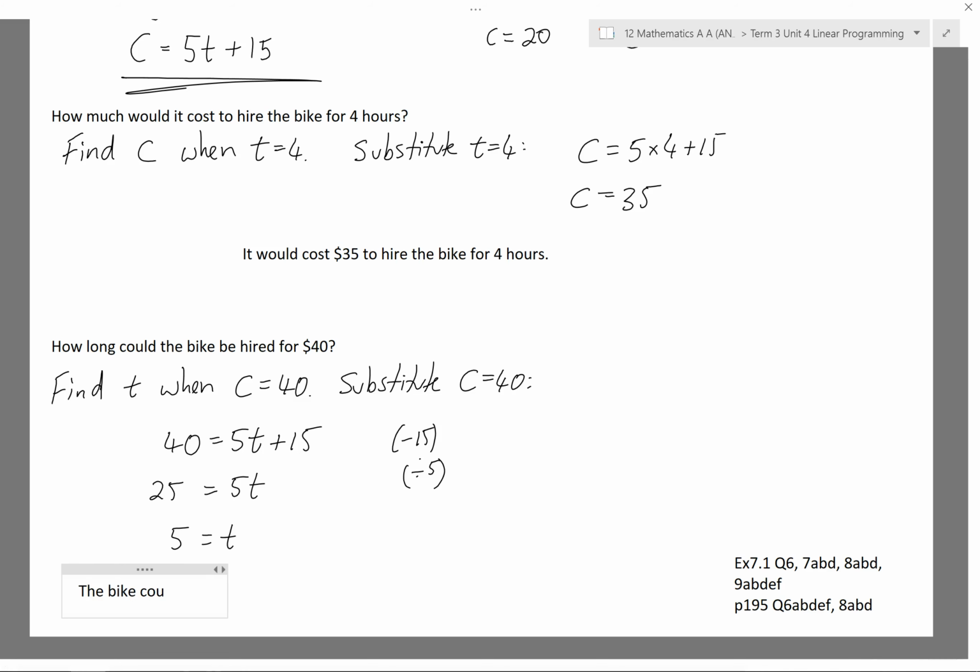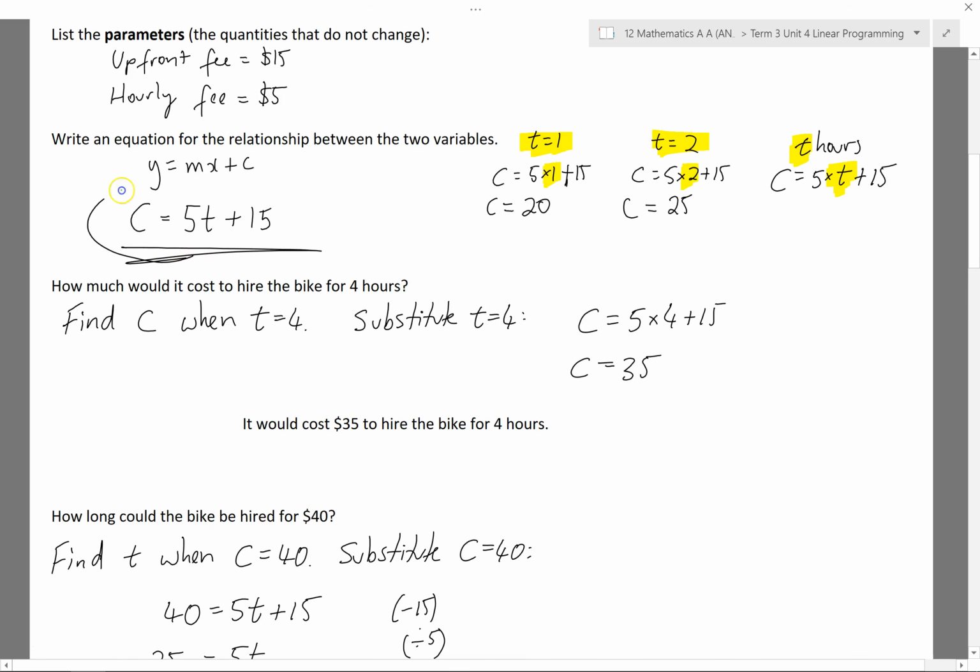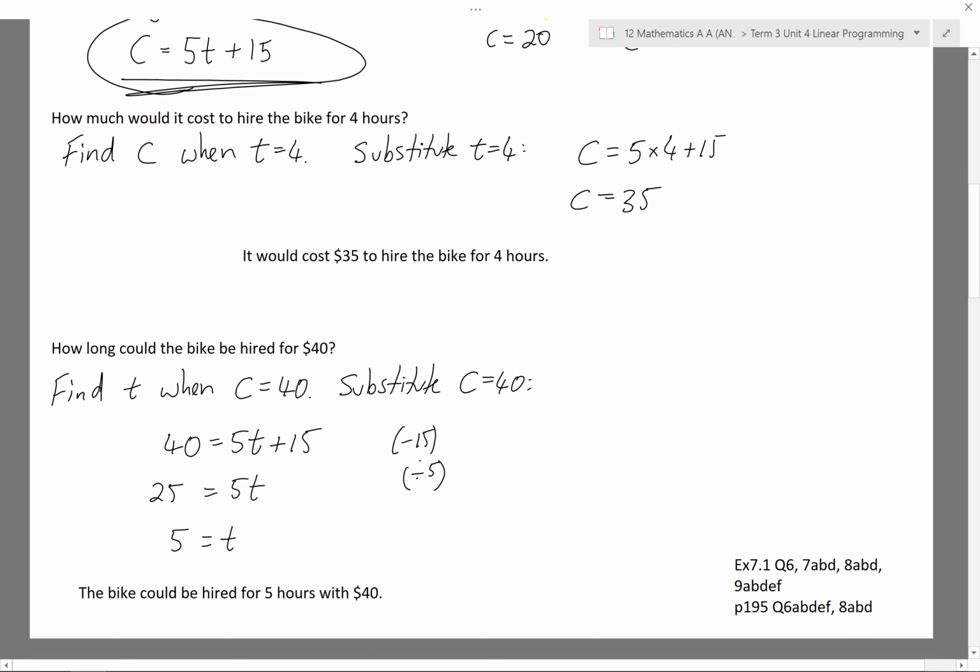The bike could be hired for 5 hours with $40. So from here, you can have a go at these questions to practice that skill. It's really important that we get a hang of writing these linear equations and being able to substitute in for both variables.